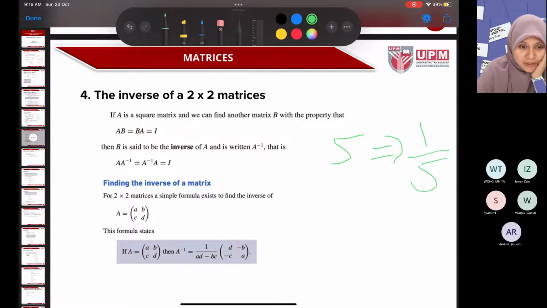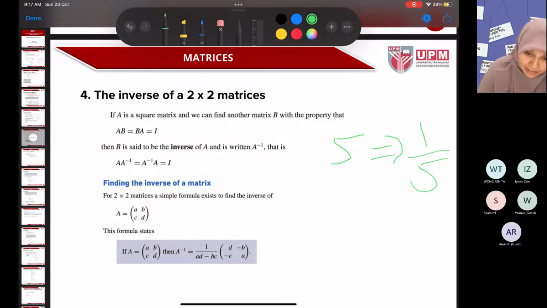If A is a square matrix and we can find another matrix B with the property that the inverse matrix of A is written as B, the rule is that if we multiply the initial matrix with its inverse, it will become the identity.